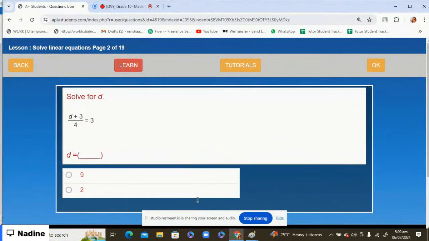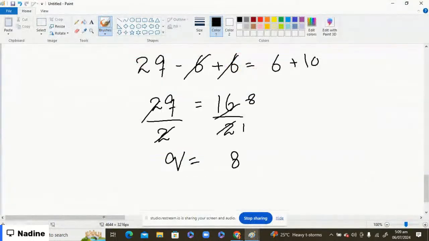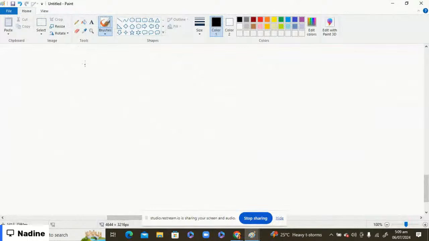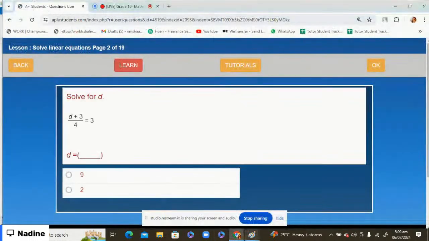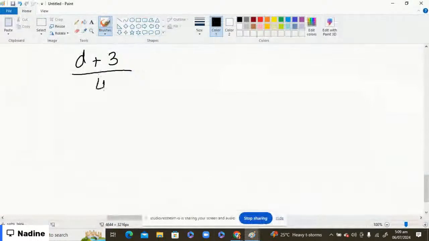d plus 3 divided by 4 is equal to 3. First of all, we are going to multiply 4 on both sides.